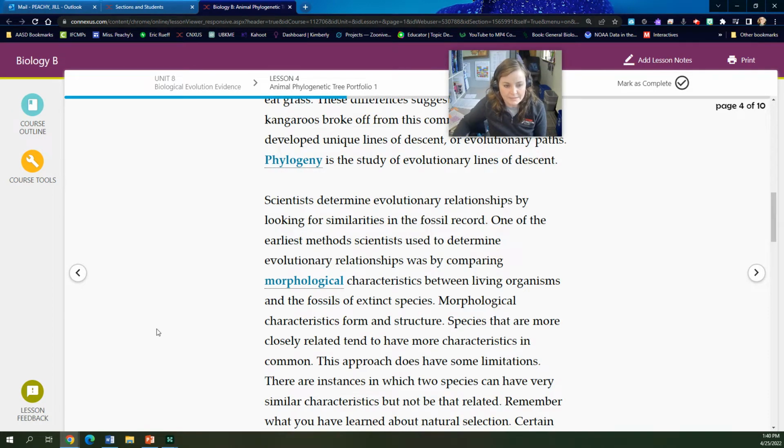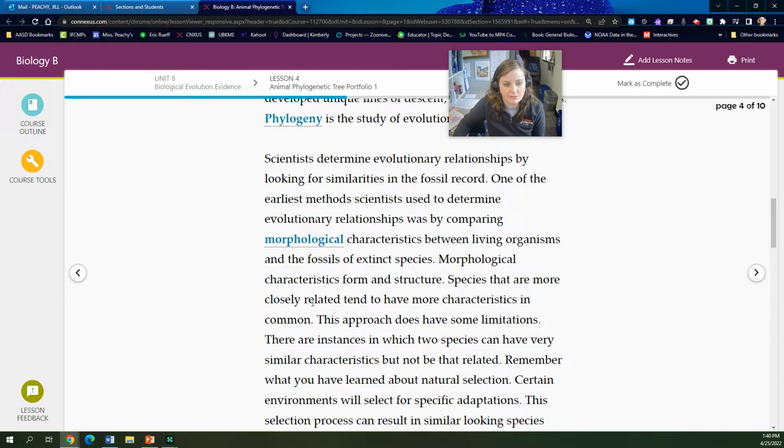One of the earliest methods scientists used to determine evolutionary relationships was by comparing morphological characteristics between living organisms and the fossils of extinct species. This is just what things look like and how they're built. Morphology is the study of form and function, like, do you have an opposable thumb?